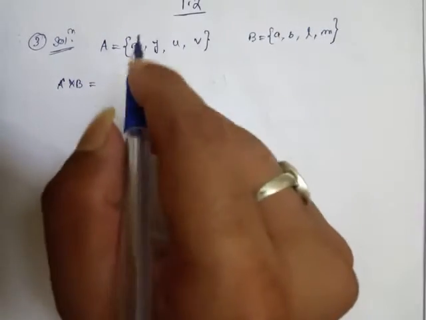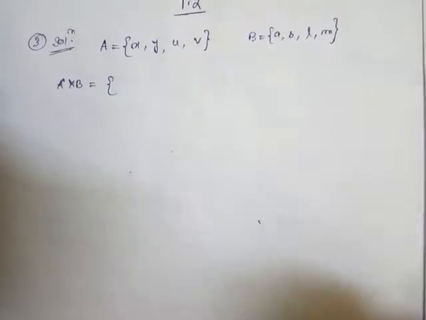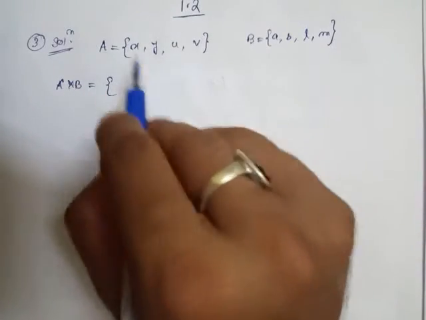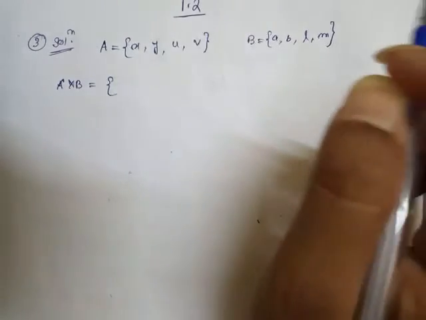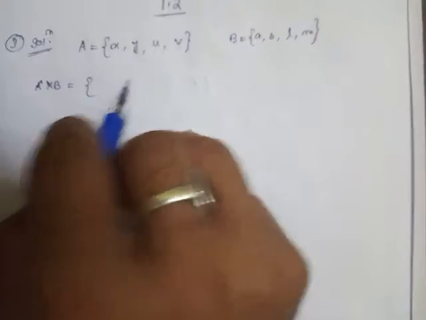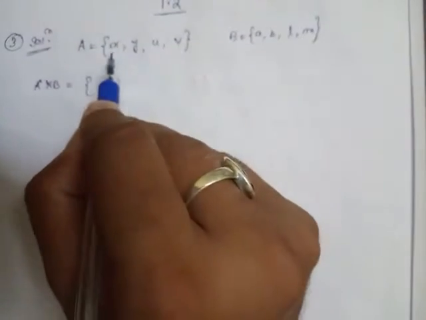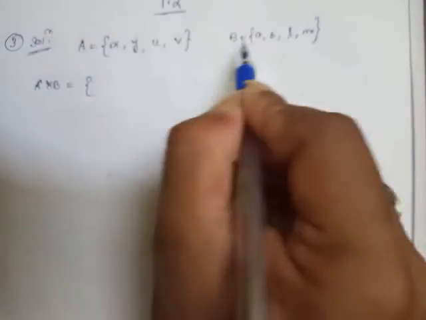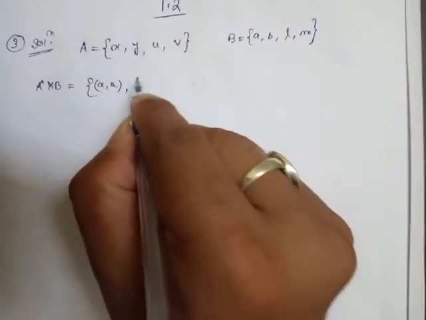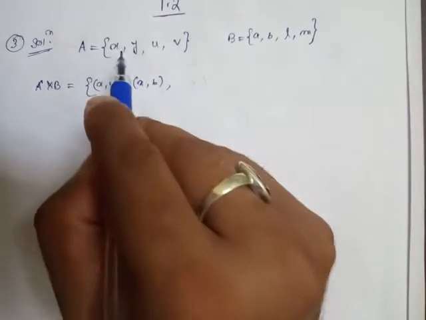So the answer would be, look here, A product B, which means the elements of A will multiply with the elements of B. Now students, how to find the product here? Look, A product B: x and a, which means (x, a), then (x, b).